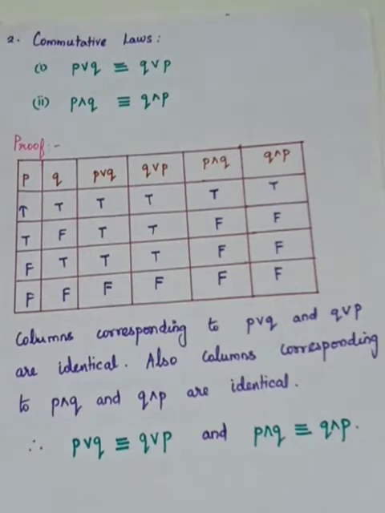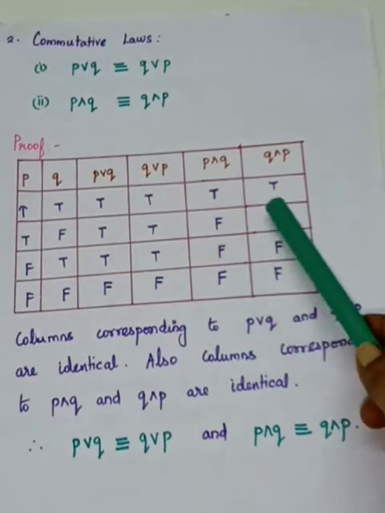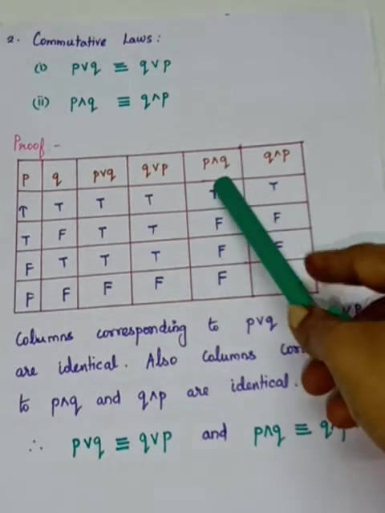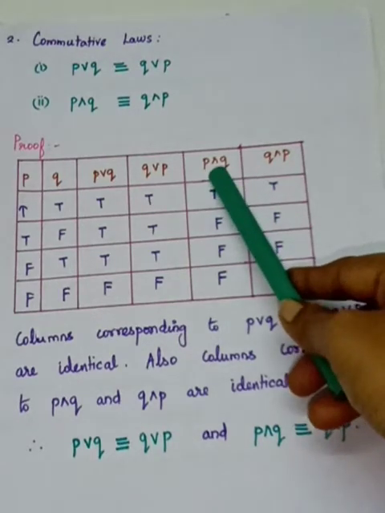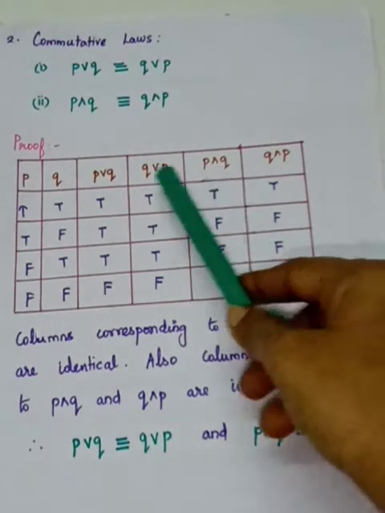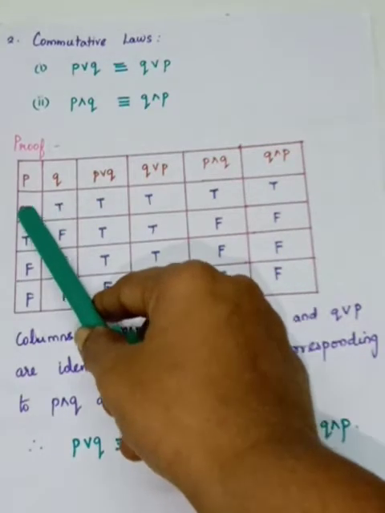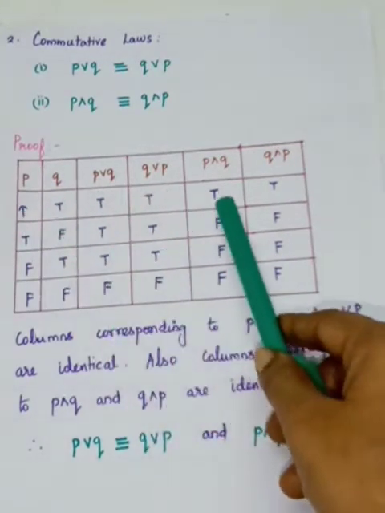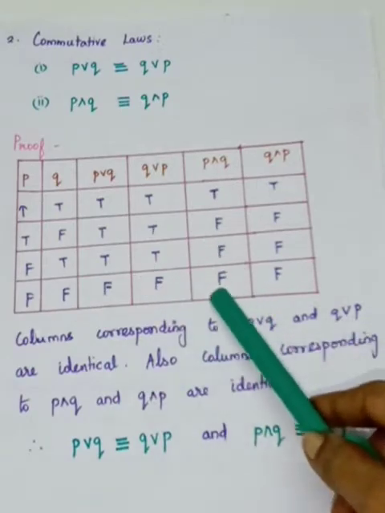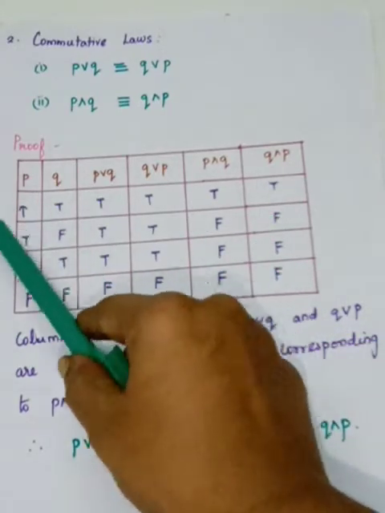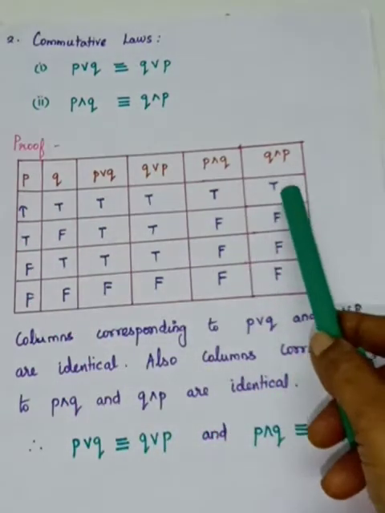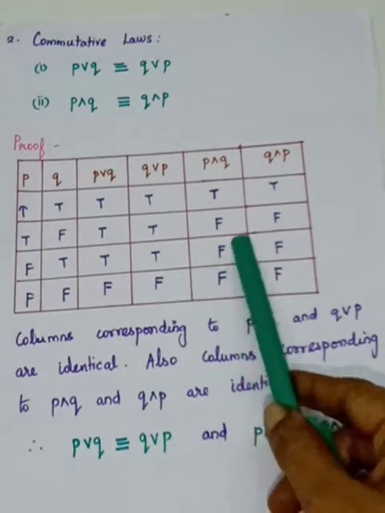In the same way you can go for the proof of P and Q and Q and P. P and Q is what? And means both are true only, it is true. So the first row alone is true, and the others are false. In the same way Q and P also, the same thing has to come. So these two columns are identical.